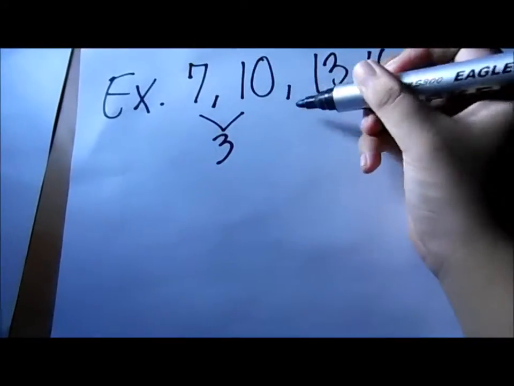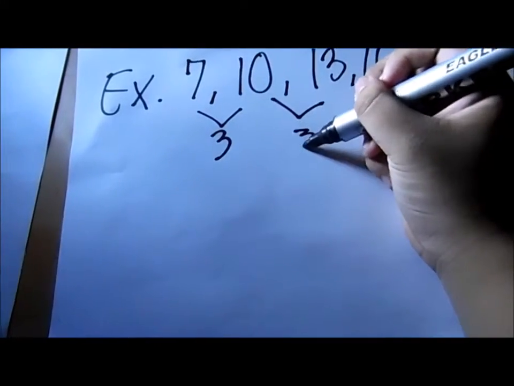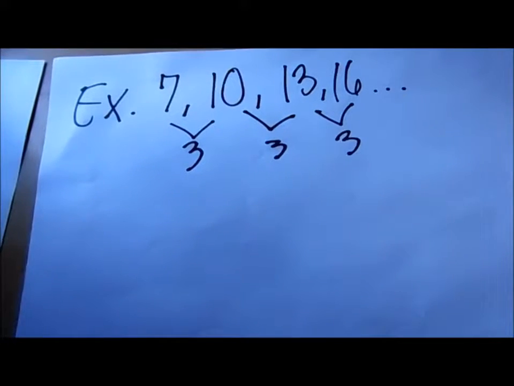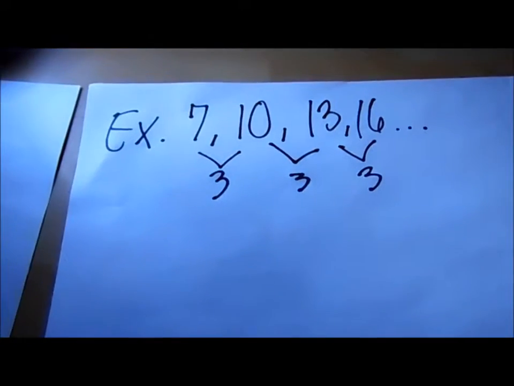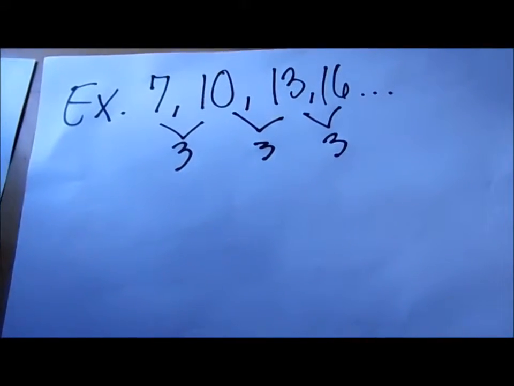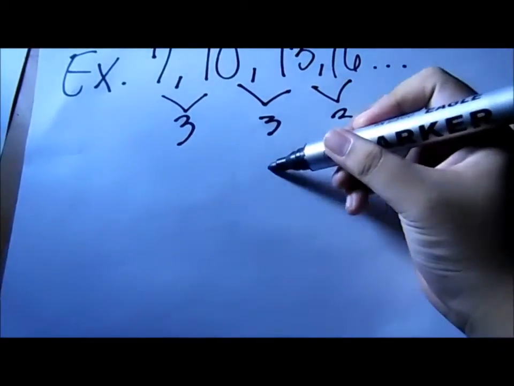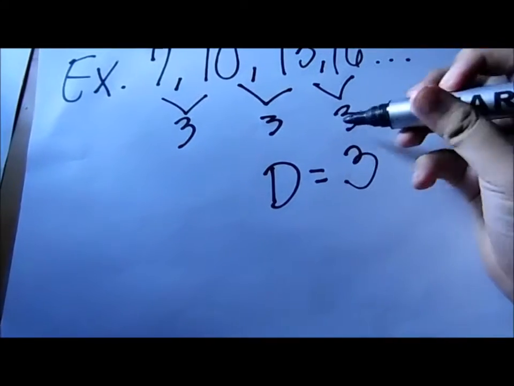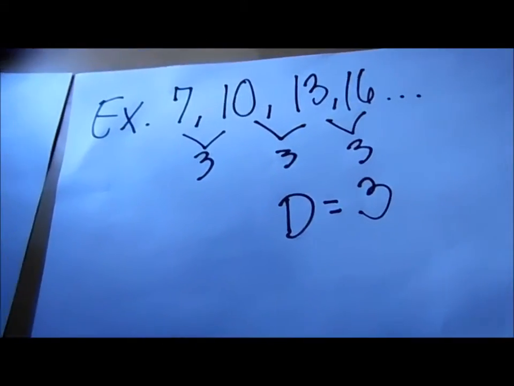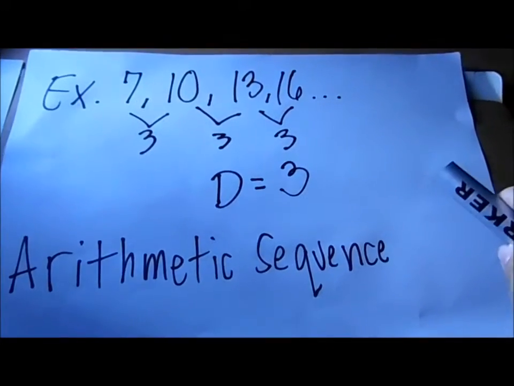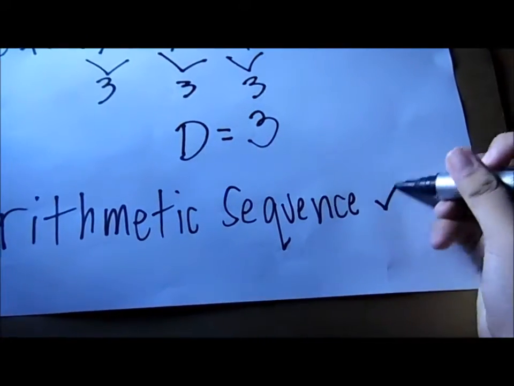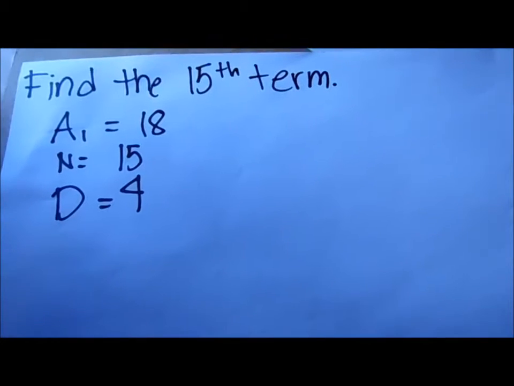So 7 plus 3 equals 10. 10 plus 3 equals 13. And 13 plus 3 equals 16. So that's how you're going to determine if a particular sequence is arithmetic or not, if there is a common difference. So that should qualify as an arithmetic sequence.